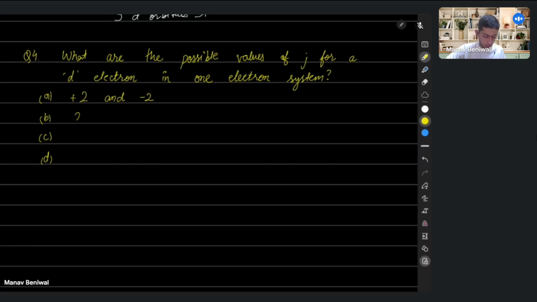Therefore, it is referred to as a d electron. Now what we are asked is: what are the possible J values?